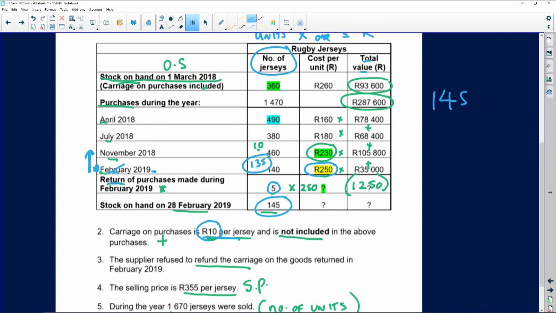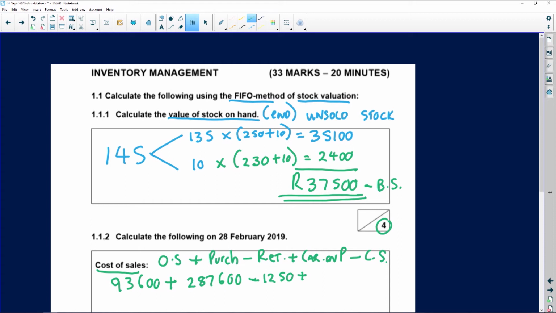So purchases for the year, 1,470 in total. 1,470, remember we're including the 5 as well, times the carriage is 10 Rand per jersey. So my carriage on purchases should be 14,700. Okay, 14,700.